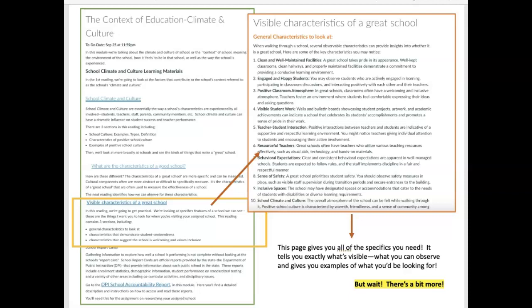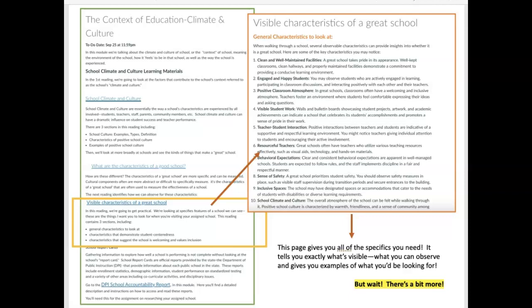So well-kept classrooms, clean hallways, and so on. So don't make it harder than it is. Use this, okay? Use it. You're probably also a little shy about doing that because I'm sure a lot of teachers are like, no, you can't just copy paste.